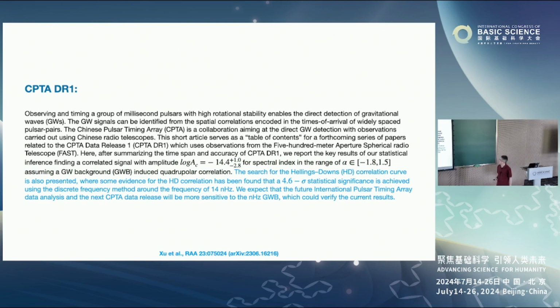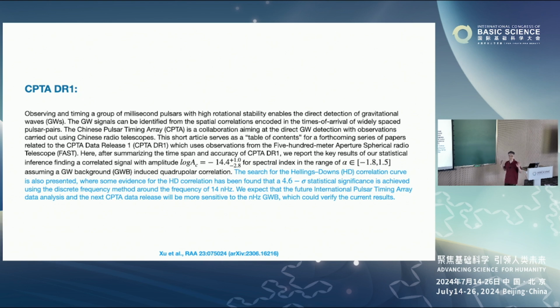So this is the Chinese Pulsar Timing Array dataset. They claim that once they search for the Hellings-Downs correlation curve, they find some evidence for this correlation with a 4.6 sigma statistical signal, but only for one discrete frequency around 14 nanohertz.